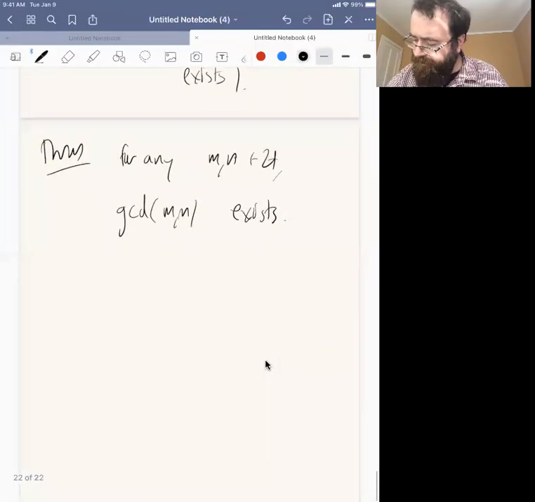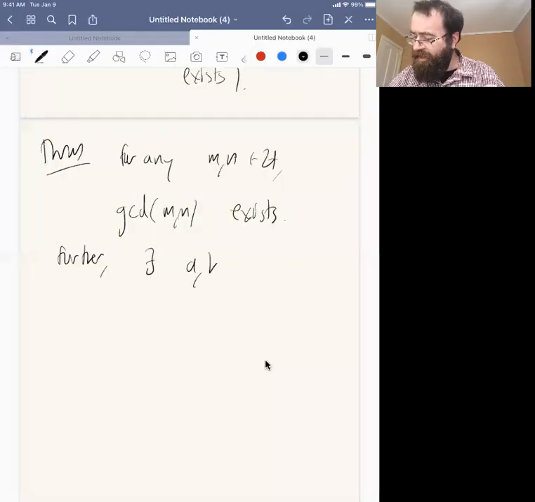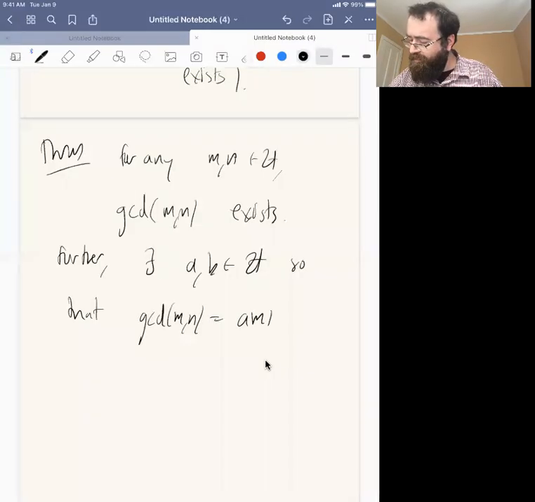Further, there exist some a, b in Z so that the GCD of m and n is am plus bn.